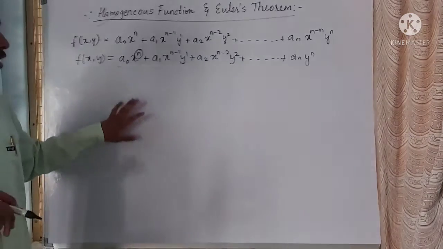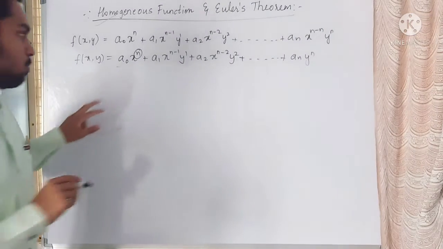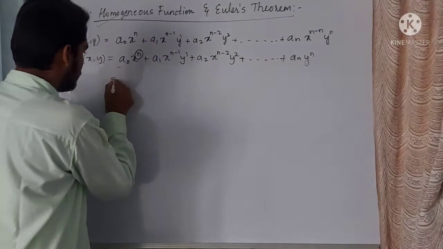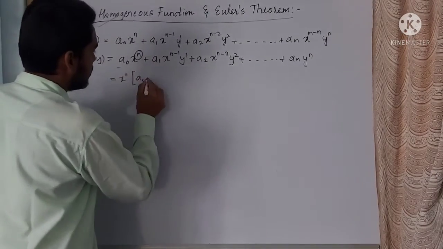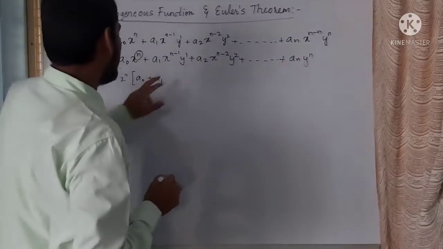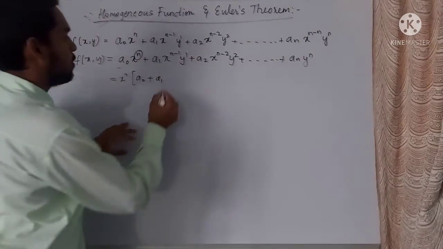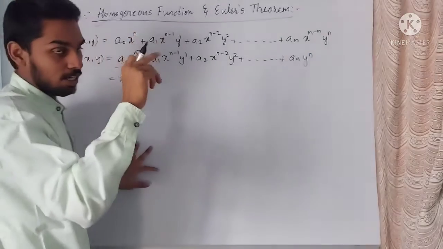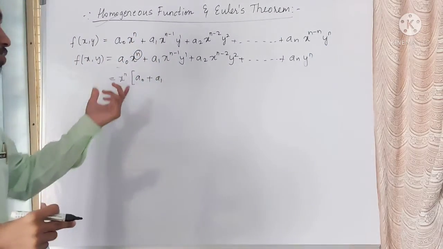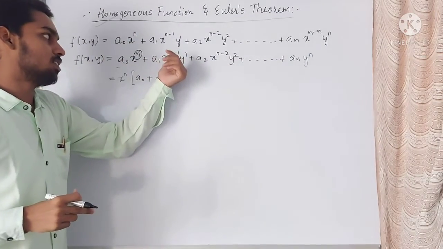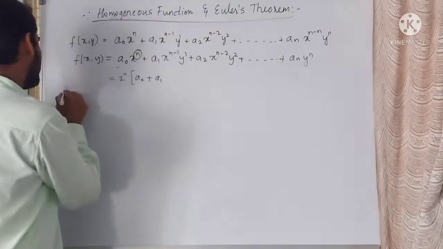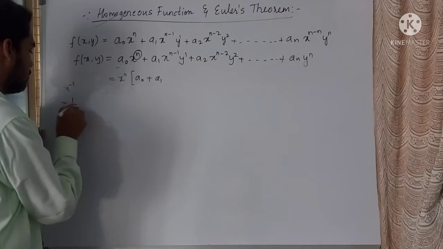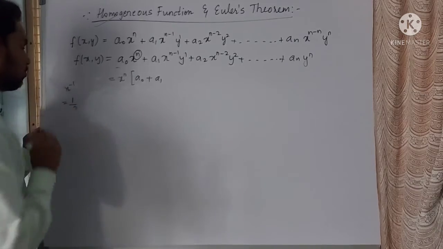Okay friends, now let us take x raised to n common here. So it is going to be a naught remains in the bracket, then a1. If I take x raised to n common, then what remains is x raised to minus 1 y1. x raised to minus 1 can be written as 1 by x.